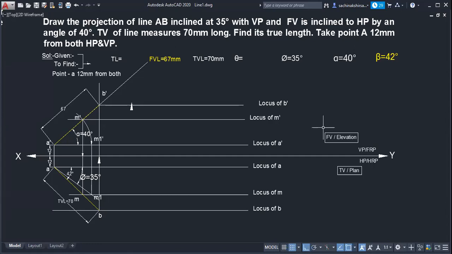If you want to extend from M dash up to the locus, it will extend. That is also correct because that is the line of 35 degrees, the true angle. At this stage, two things we should know: theta and true length. It's better to rotate the TVL.